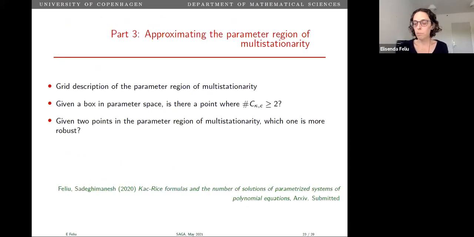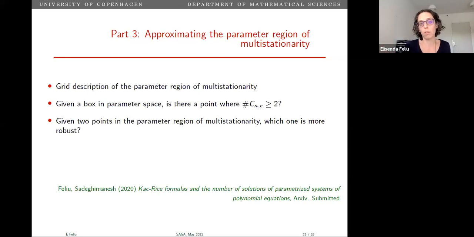And I think I will briefly say something about the last part, because there are many algorithms to decide in the field of reaction networks whether there exists a point where this set has at least two elements, just the existence question. But these algorithms give you a point that they find through the algorithm, but you cannot tell them, find me a point in this box.